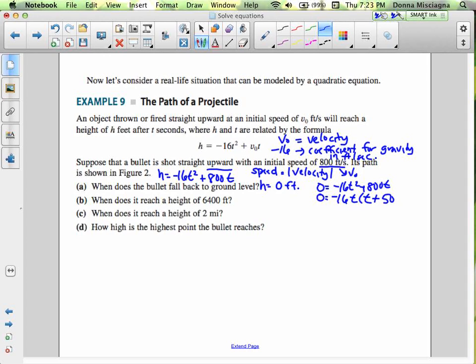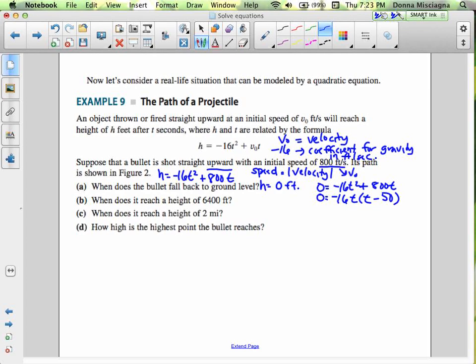And excuse me, that's going to be a negative there. My plus sign is looking a little funky. There. And so when we factor out negative 16, that will become negative.